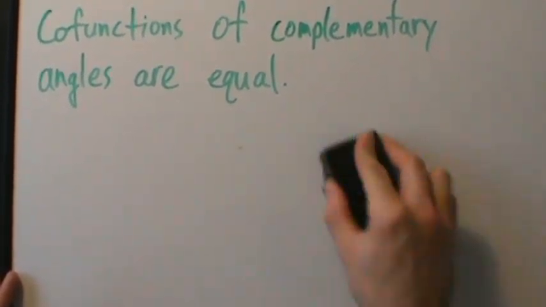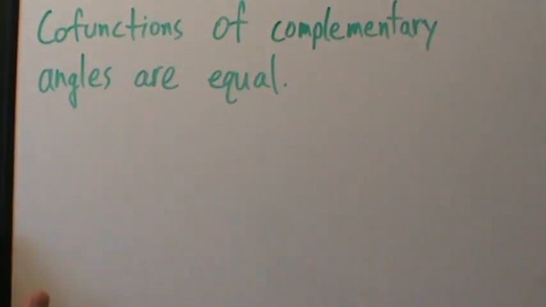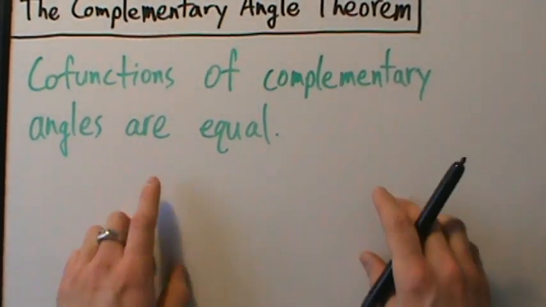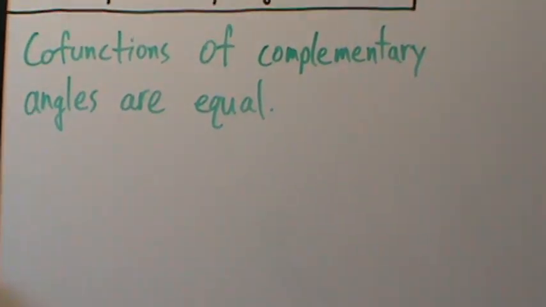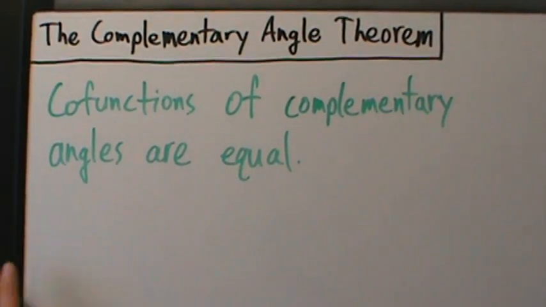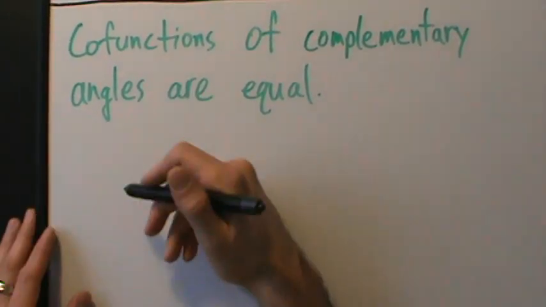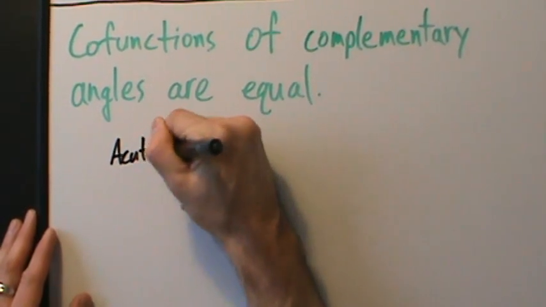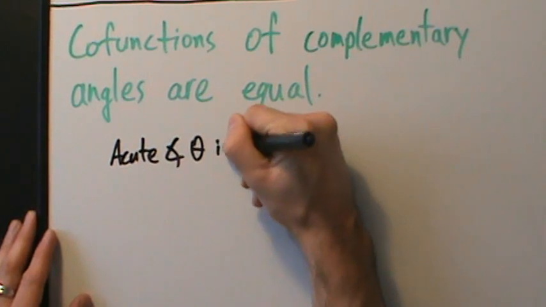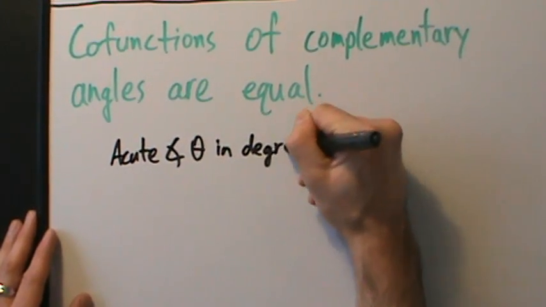Okay, so now remember what a complementary angle pair is. Two angles are complementary if they add up to 90 degrees. So co-functions of complementary angles are equal. What does that mean? Well, let's say we have an acute angle theta, in degrees.